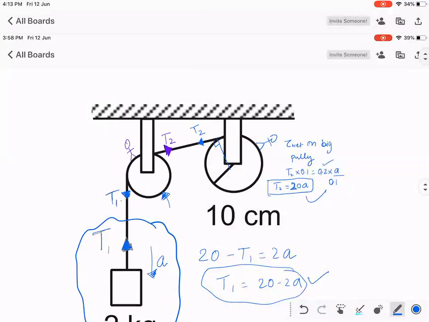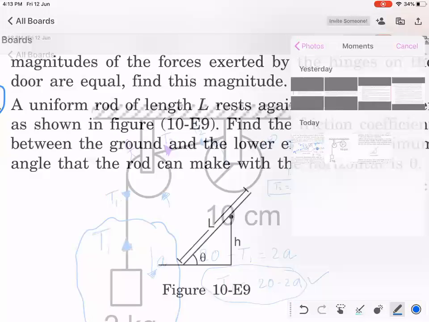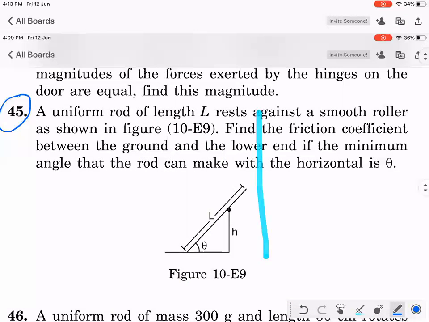Now let's bring another question into the picture. This question. How to solve this question?